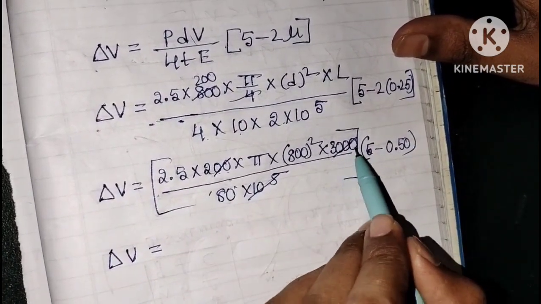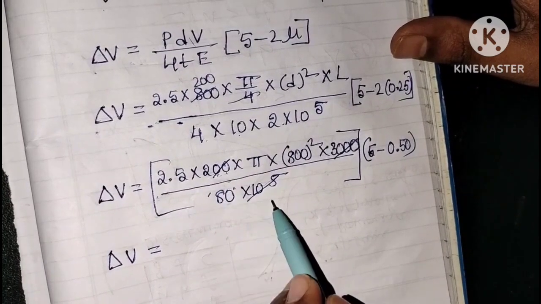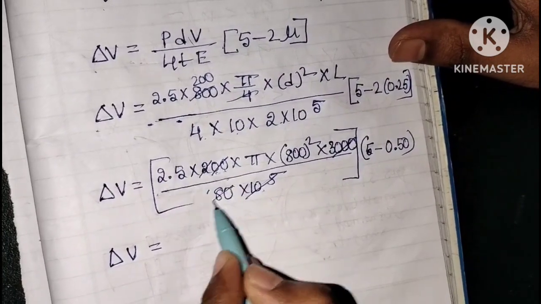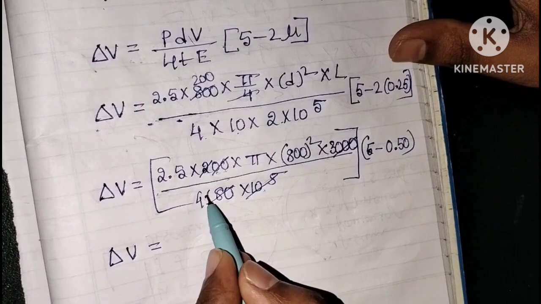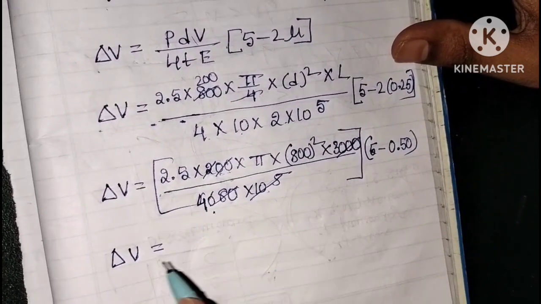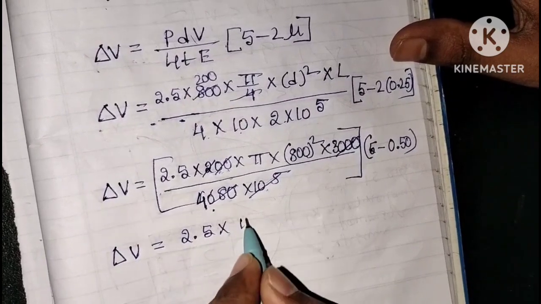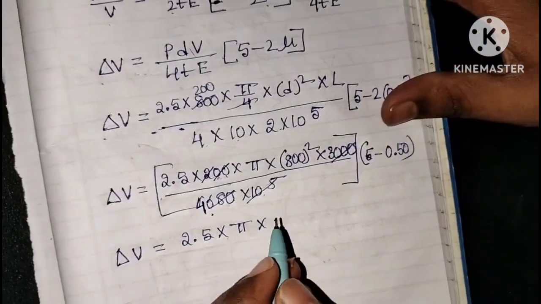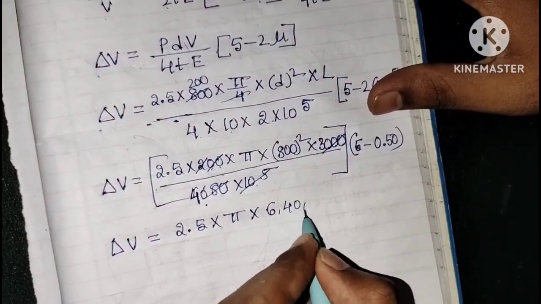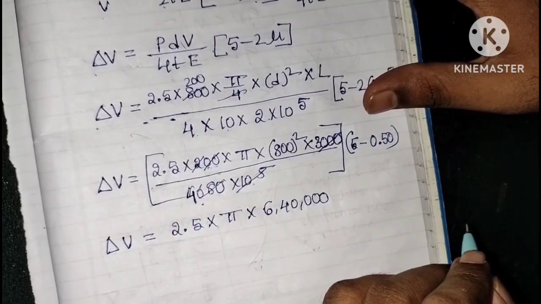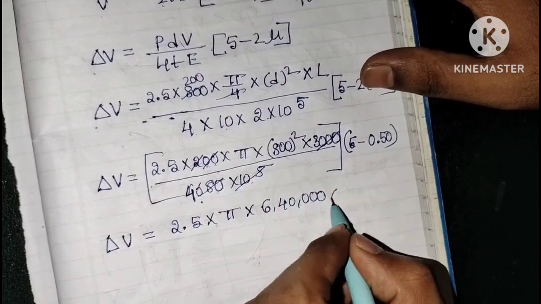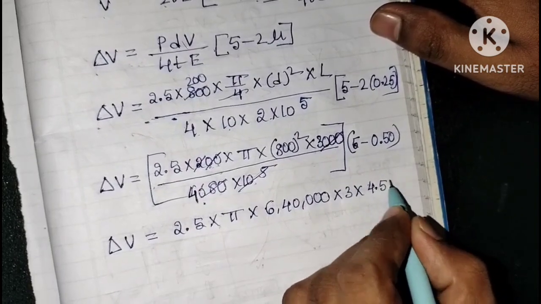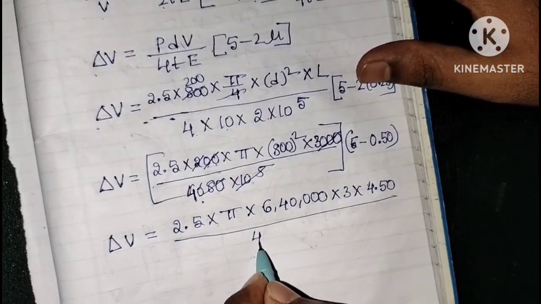Here we have 10 power 5, and below also 10 power 5, we cancel it. Next 2 ones are 2, 2 fours are 40. So finally we have 2.5 into pi into 800 whole square. 800 whole square means 6,40,000 into, here 3 is there, 3 into 5 minus 0.50 means 4.50 by 40.